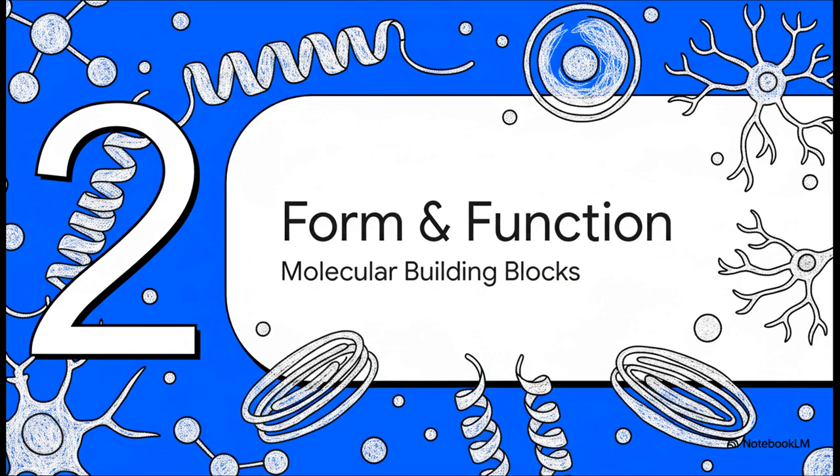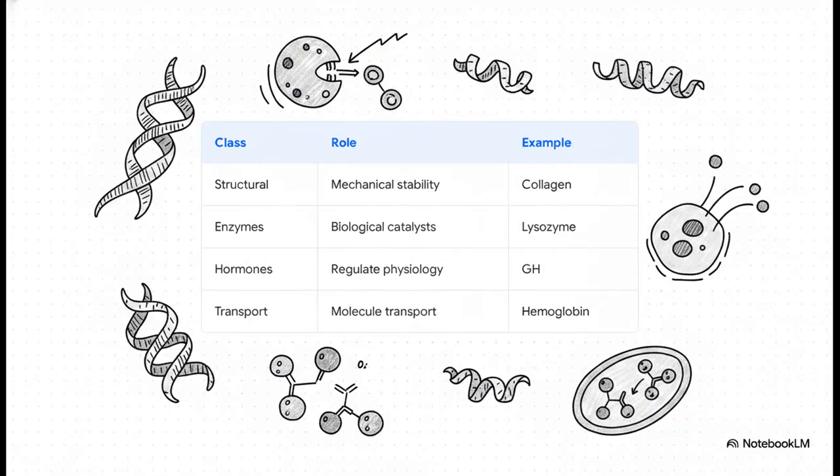Moving on to section 2, form dictates biological function. Let's look at the molecular building blocks of life. It's honestly amazing how specific protein classes rely entirely on their intricate architectures to execute highly specialized physiological and metabolic jobs. For example, structural proteins like collagen and keratin, they're tough, they're insoluble, perfectly built for mechanical stability.